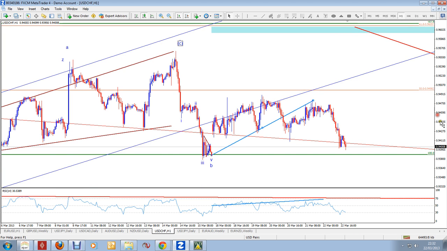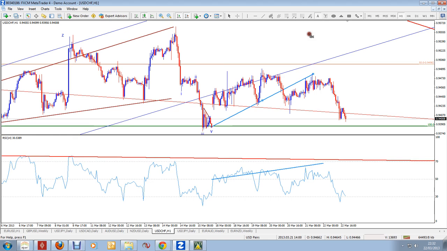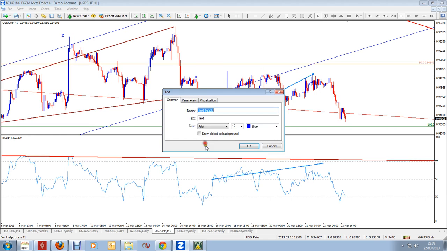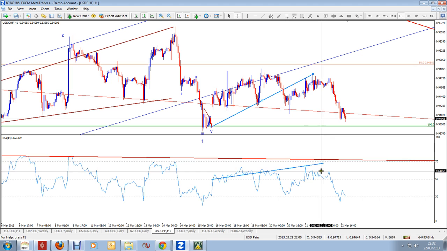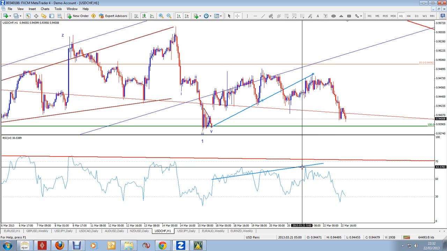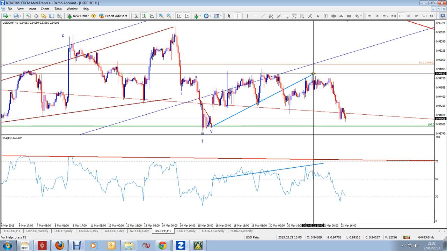Then quite possibly this one is a wave 2. So this 5 wave up here gives us wave 1. Then we've got ABC back up to give us wave 2, and that ABC back up to give us wave 2 would probably be up to there.